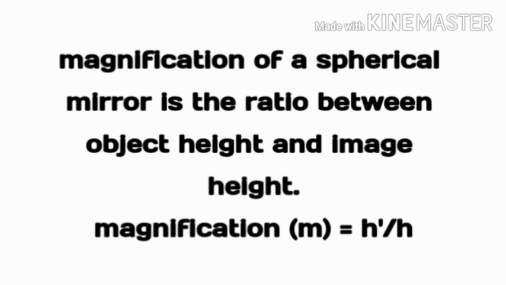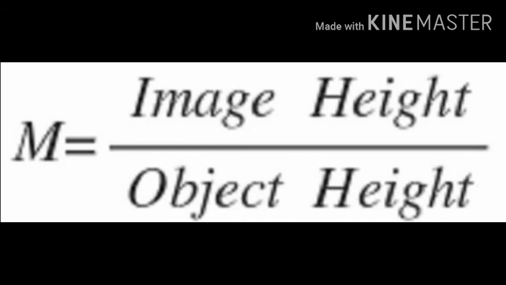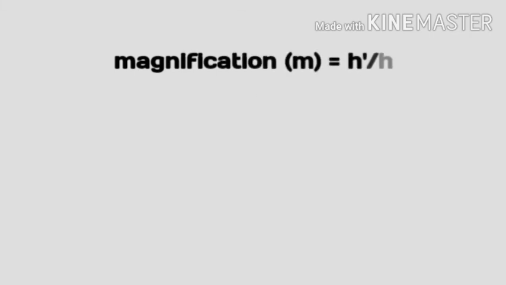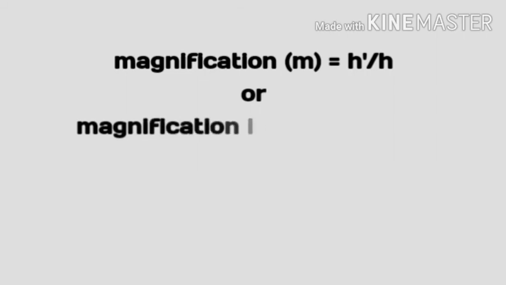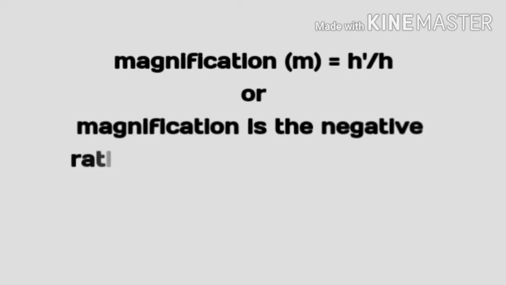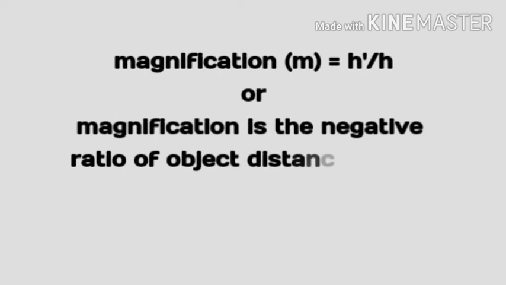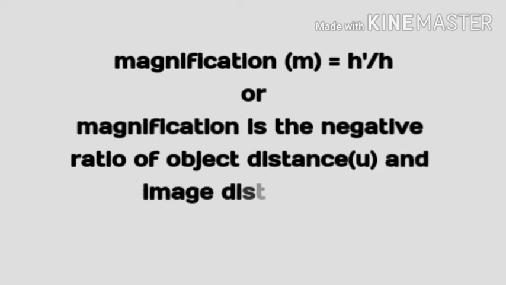The magnification is normally represented with a small letter m, and can be mathematically calculated as the ratio between the image height h dash and the object height h. Magnification m equals h dash divided by h. For spherical mirrors, there exists an alternative formula to find the magnification.